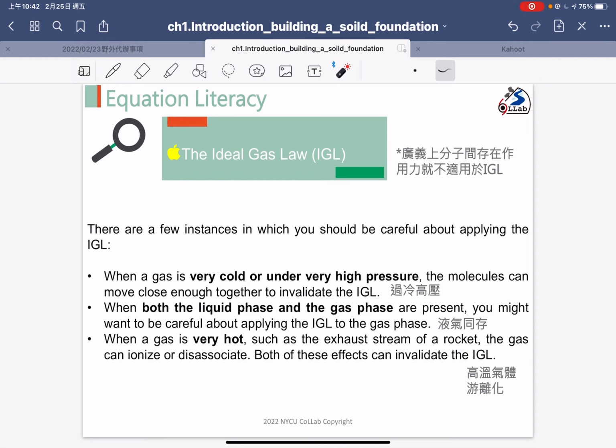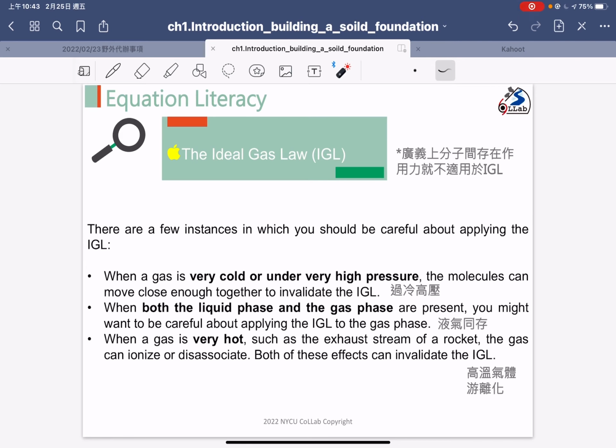And then you can satisfy the ideal gas law assumptions. Some conditions do not satisfy. As I show here, the first one is if your condition is very cold and under very high pressure, you cannot use the ideal gas law.